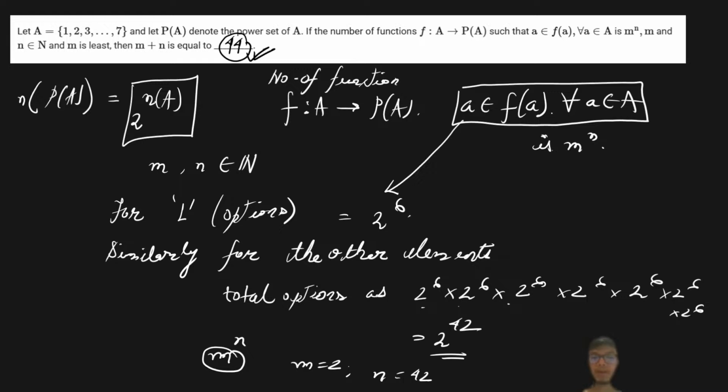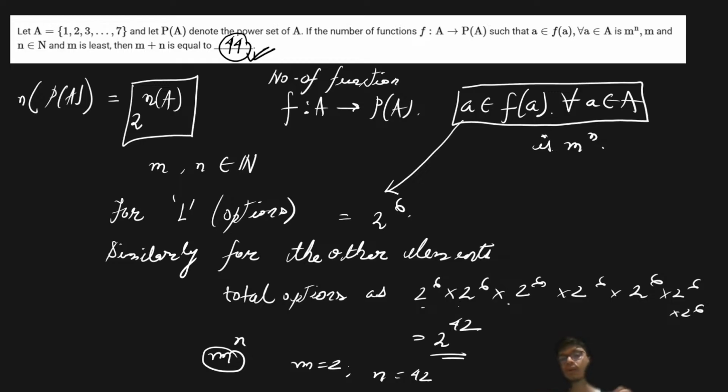In this problem, we have to make sure that A belongs to the functional output, which can only happen when A is part of that particular subset. So for every element, there are 2 to the power 6 different subsets possible.